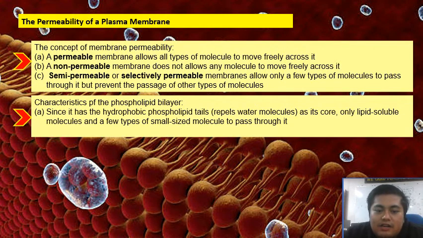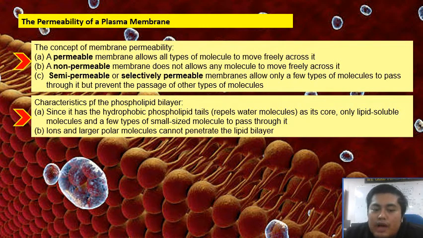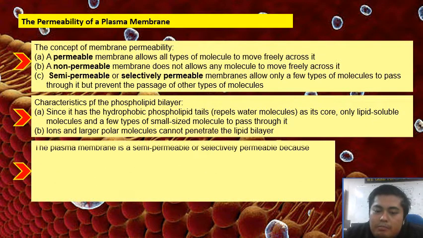So the characteristic of the phospholipid bilayer, since it has a hydrophobic phospholipid tail which repels water molecules as its core, is that only lipid soluble molecules and a few types of small molecules can pass through it. So ions and larger polar molecules cannot penetrate the bilayer.